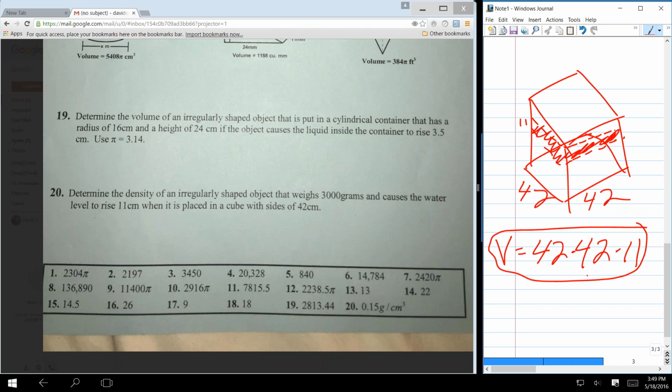Do you have a calculator? What's that number? 42 times 42, 11. 19,404. What is it? 19,404. And what's its units?